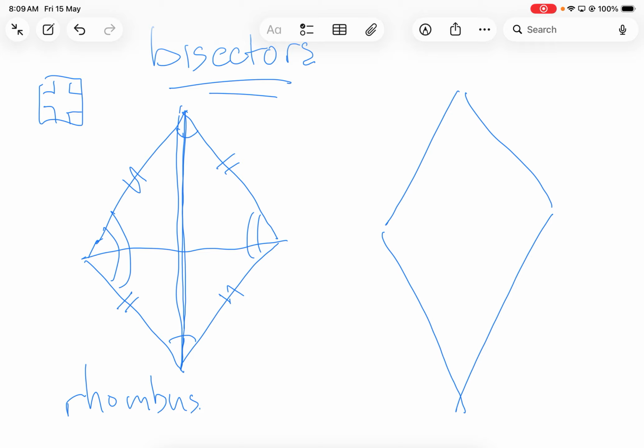So we have congruent triangles. Can you see that this height must be the same as this height? Congruent. So this distance is definitely the same as this distance.